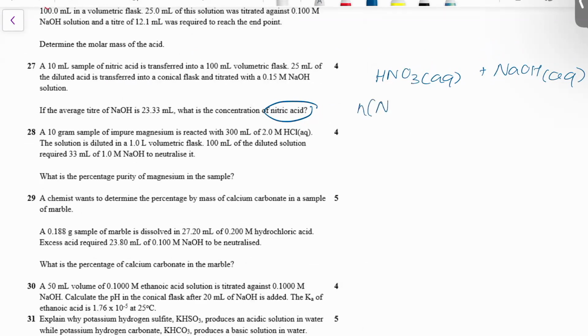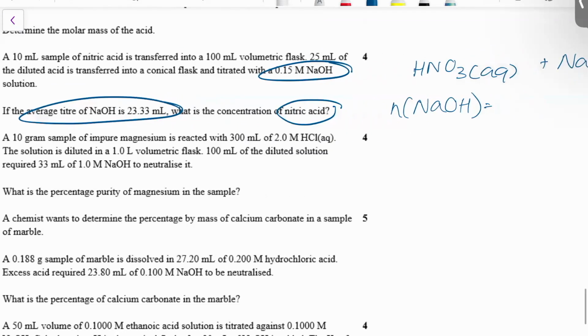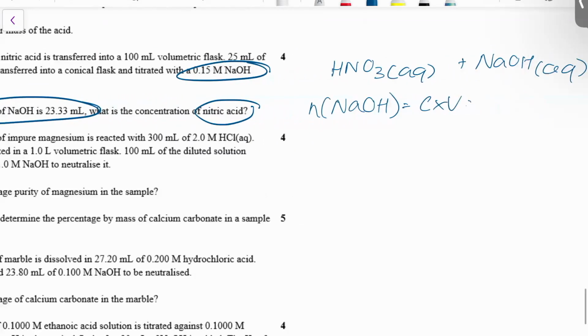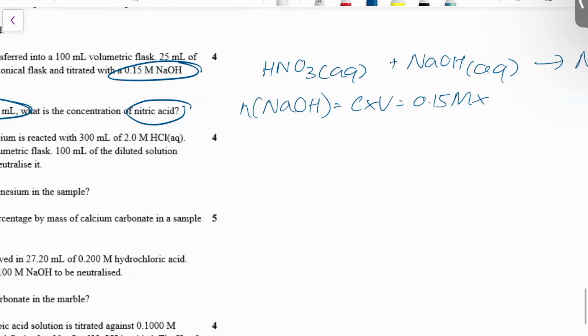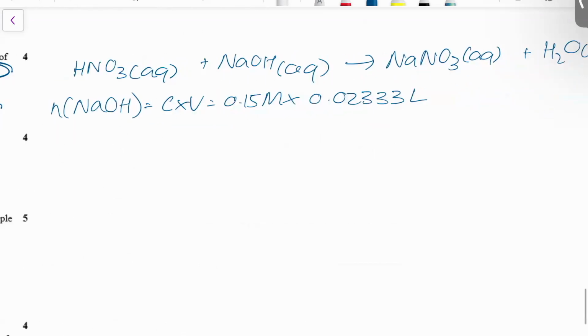I need to get the moles of NaOH. They've given me concentration. They've given me titer, which is volume from the burette. So I do C times V, which is 0.15 molar times 0.02333 liters. What do I get for the moles of NaOH, please?